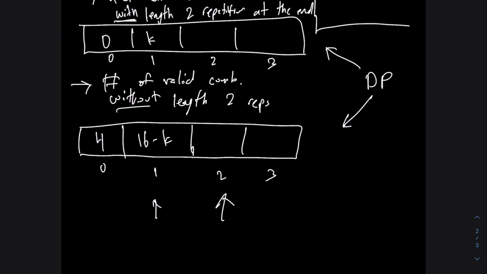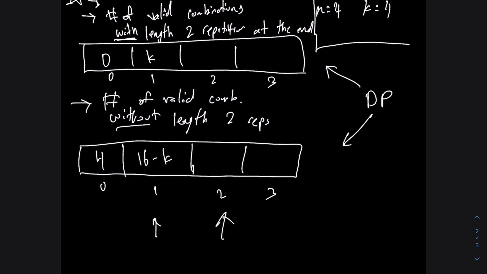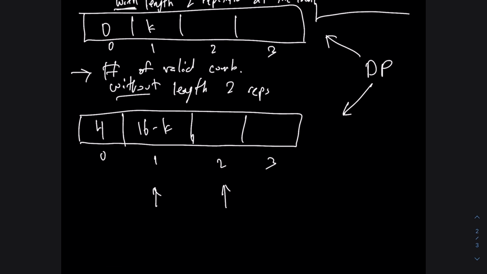And the key here is to always only build valid combinations. So let's take a look at what our problem is asking us to do. At the second index, we're now wondering, how many valid combinations are there with length 2 repetition at the end?